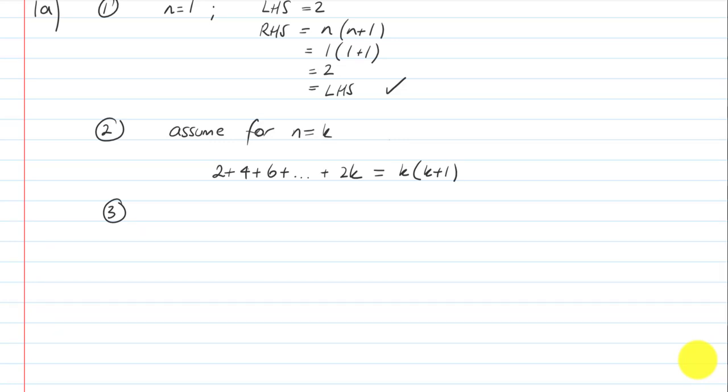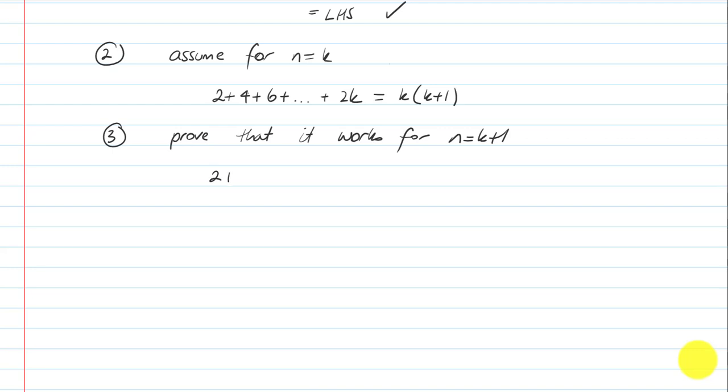Now, step 3 is the big one. This is to prove that it works for n equals k plus 1. So n equals k plus 1 is a statement that looks like this: 2 plus 4 plus 6 plus ... plus 2k plus 2(k plus 1), which is the next term.